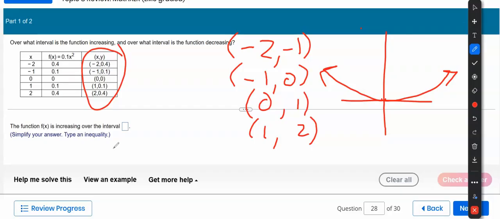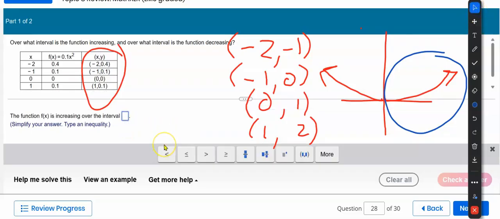Which section looks like it's going up, up, up, up, up? Isn't that this section over here? Oh, it says simplify your answer, type in inequality.